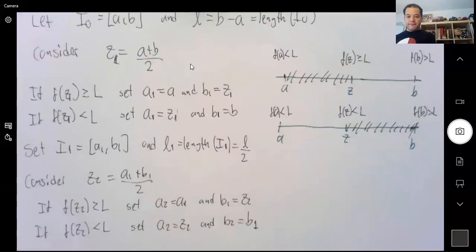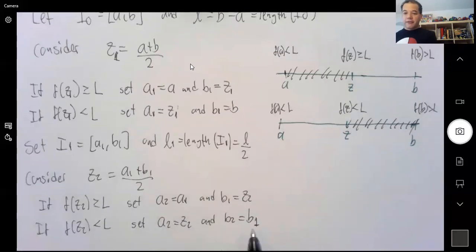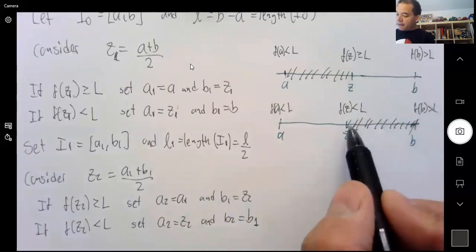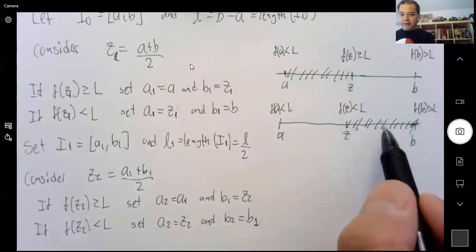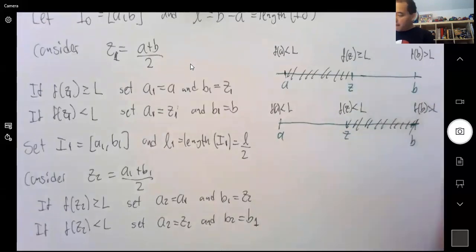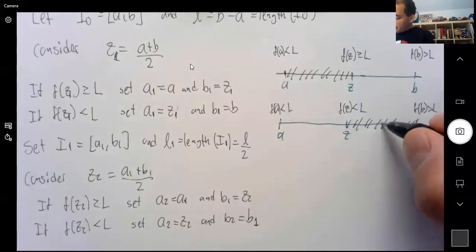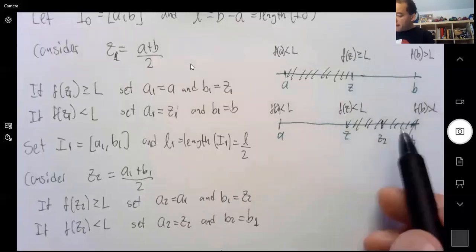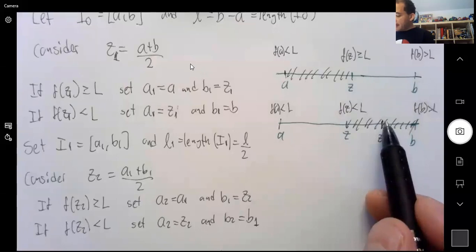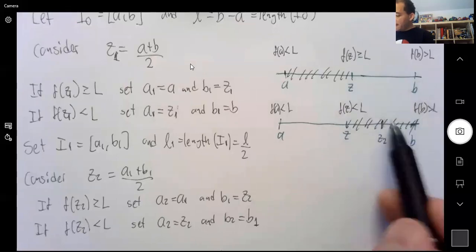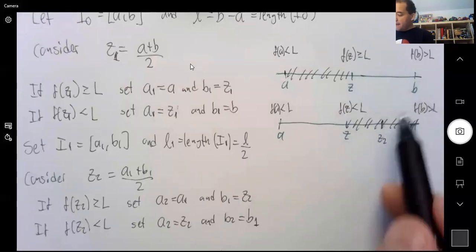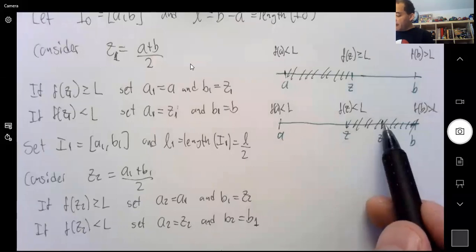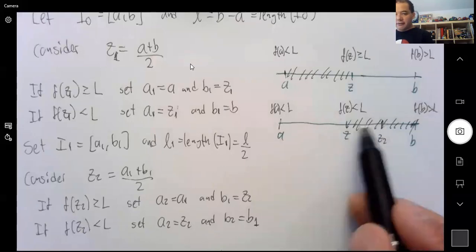Right? So depending on whichever one we have, we pick the one so that you have going from less than to greater than. So for example, if we were in this one, we pick this one as C2, and it depends. If f of C2 is less than L, then we're going to pick this one. And if f of C2 is greater than or equal to L, then we're going to pick this one, the one on the left.